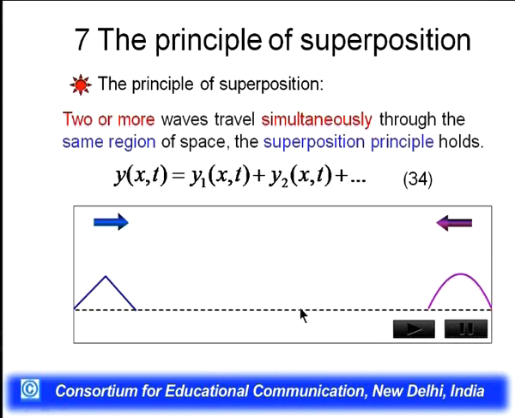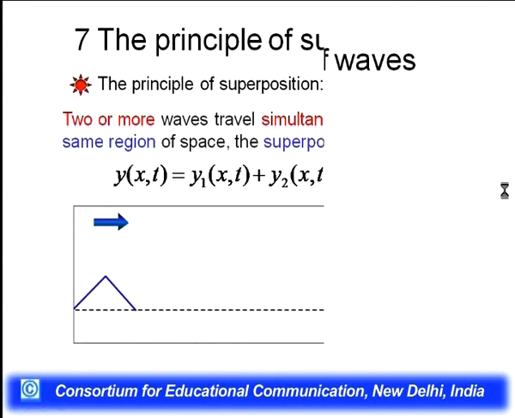Here we define two waves y1 and y2 moving simultaneously with the same displacement and the same time period. The total displacement we define by y(x,t) is equal to y1(x,t) plus y2(x,t) and so on.